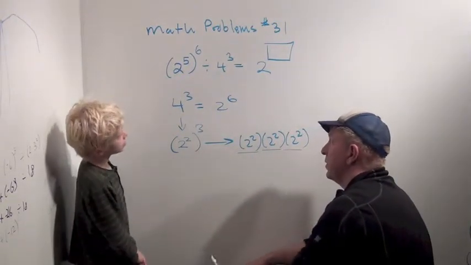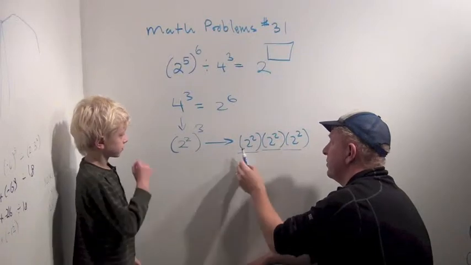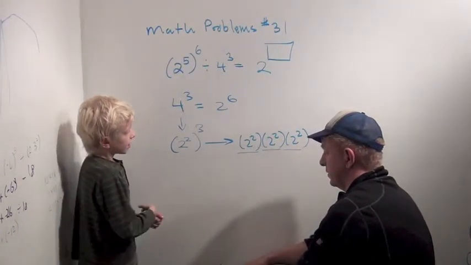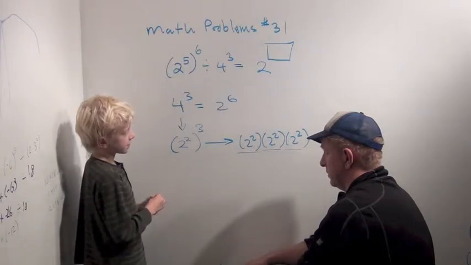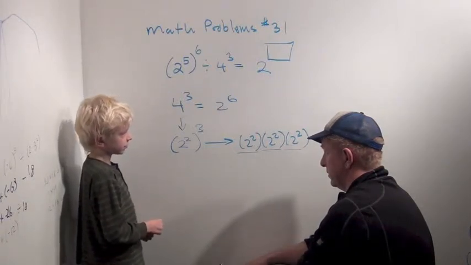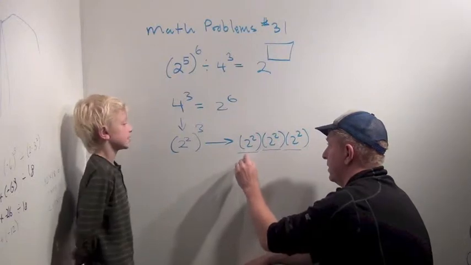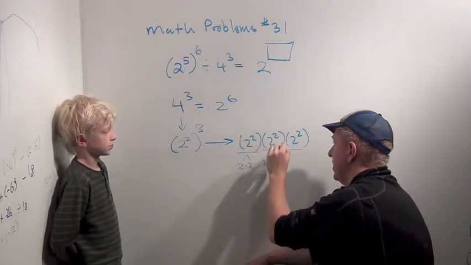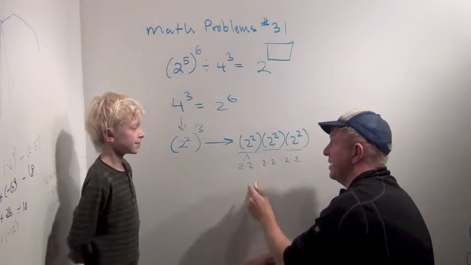So how many 2's do we have when we do this? We have 6 2's. That's 2 to the 6th, because it's 2 times 2 times 2 times 2 times 2 times 2. Hey, 2 to the 6th.